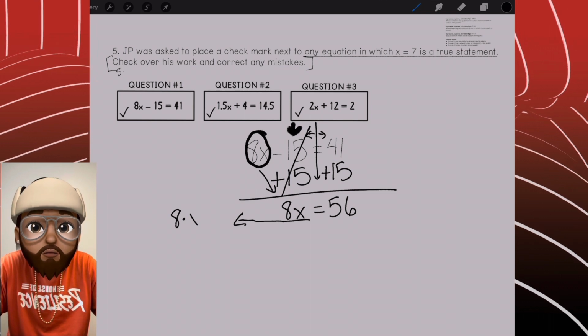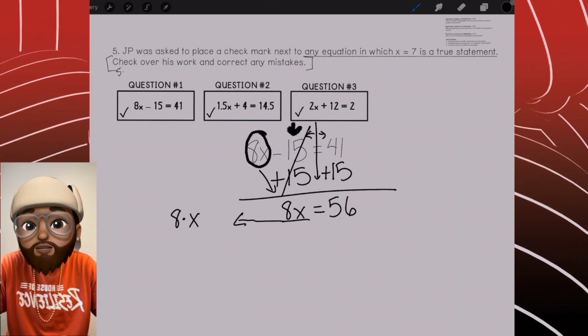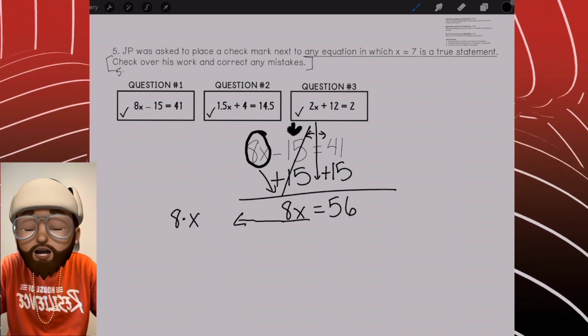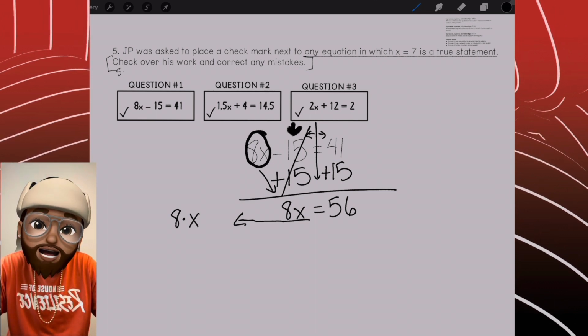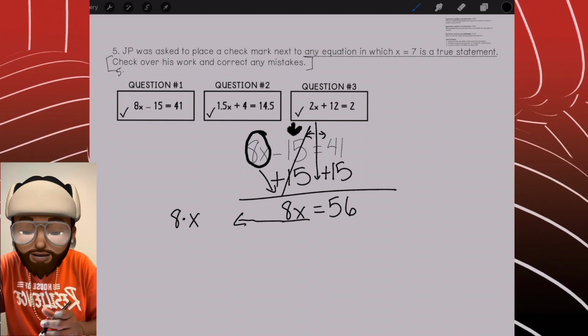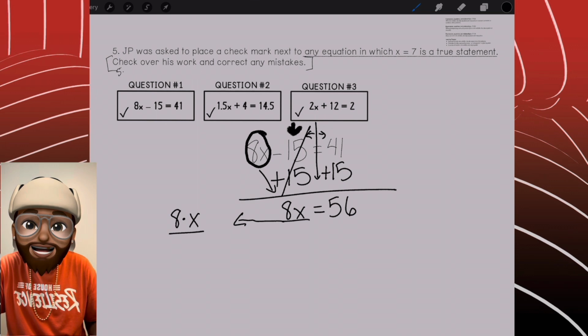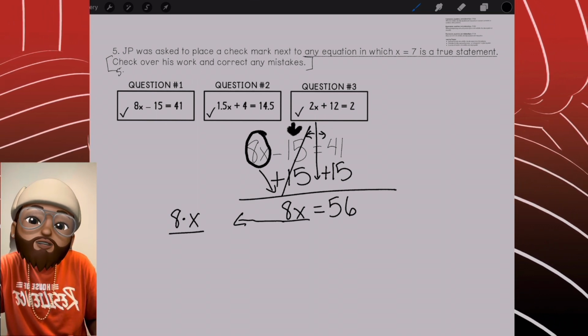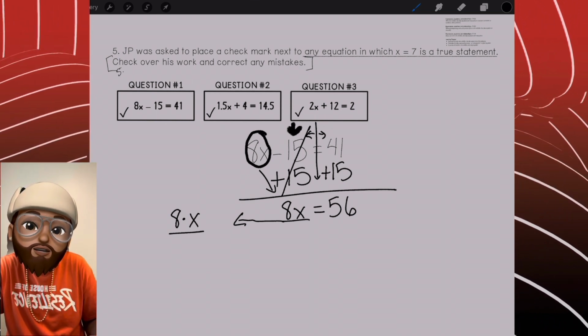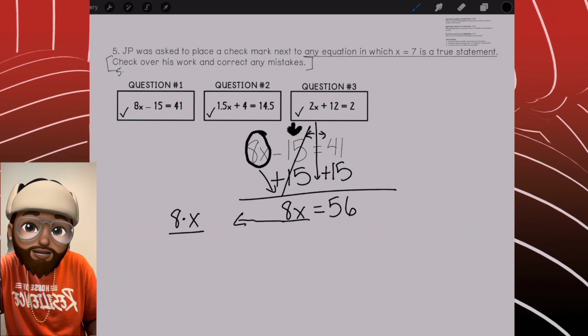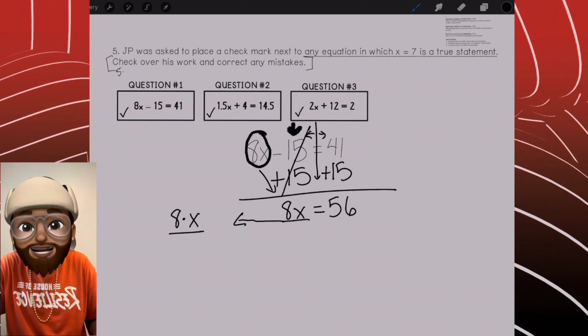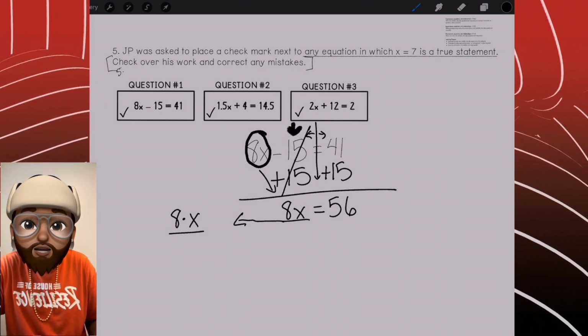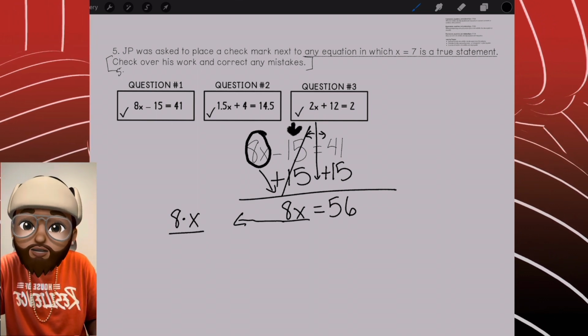But we only need to know what 1x is. So the way that we can do this is to do the inverse operation to what's happening right here with 8 times x. It's similar to when we did the inverse operation by adding 15 to both sides. We're going to do the inverse operation to multiplication, which is division.